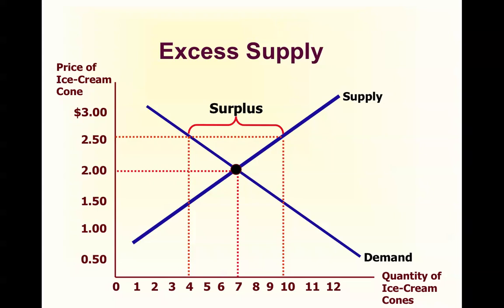In this case, at $2.50, 10 people are willing to sell it, and only 4 are willing to buy it. So with that surplus, what must happen? We think what must happen is a drop in the price. That is going to be a surplus.